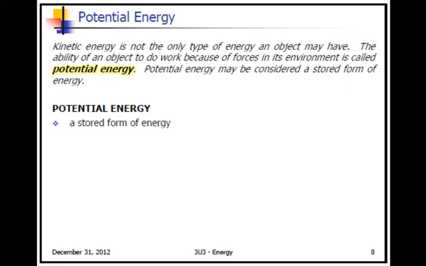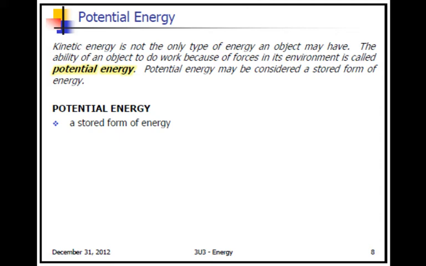So it doesn't have potential energy when it's on the floor. But if the bowling ball is on top of a cabinet, for example, it has potential energy because it could potentially fall off that cabinet and do some work by maybe damaging the floor, causing a displacement on the floor. So that is potential energy.